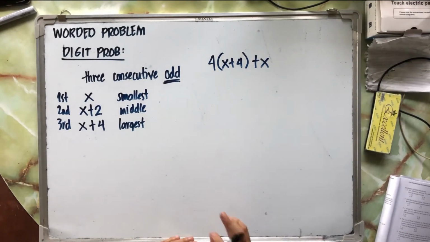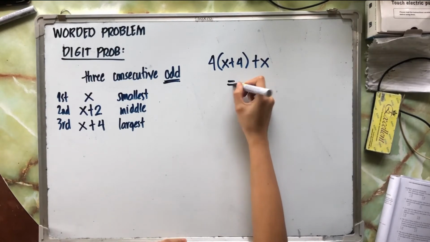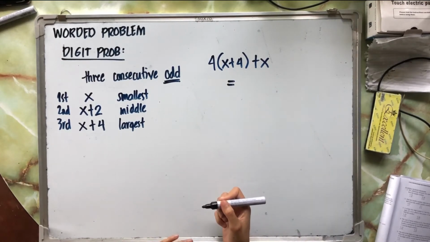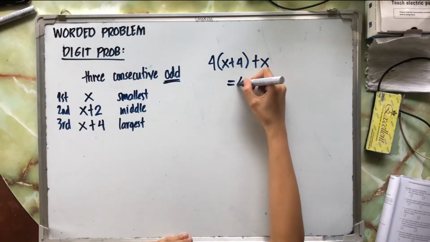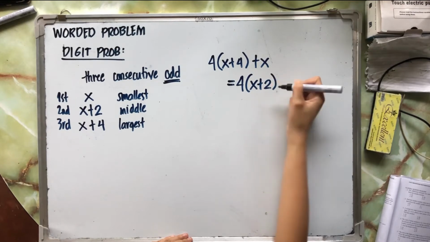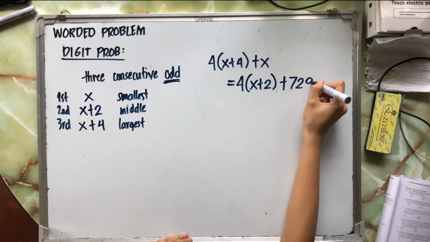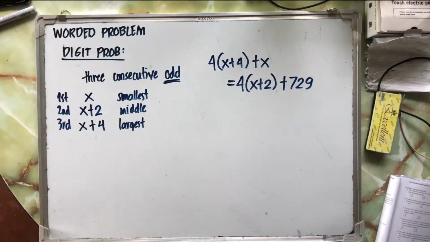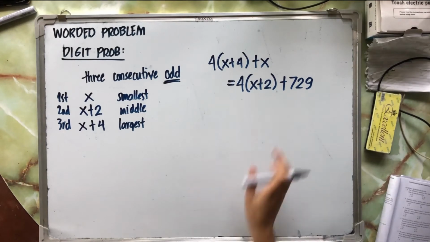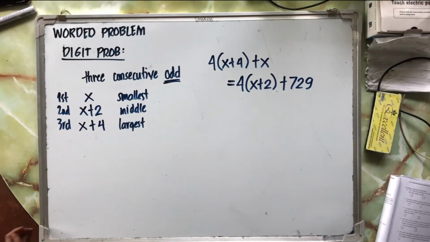The result would produce a value of 4 times the middle, 4 times (x plus 2), and then plus 729. It produces a result 729 more than, that's why we have a plus there, more than 4 times the middle integer. Find the middle number. That's the question there.